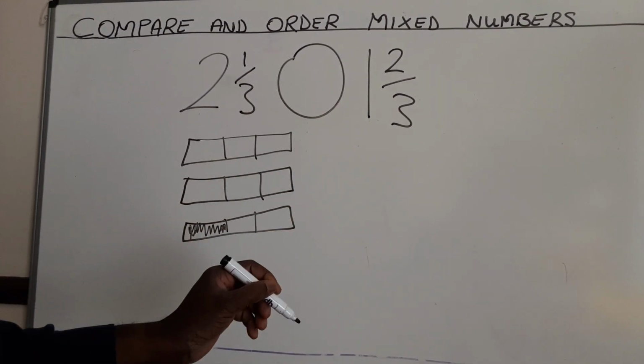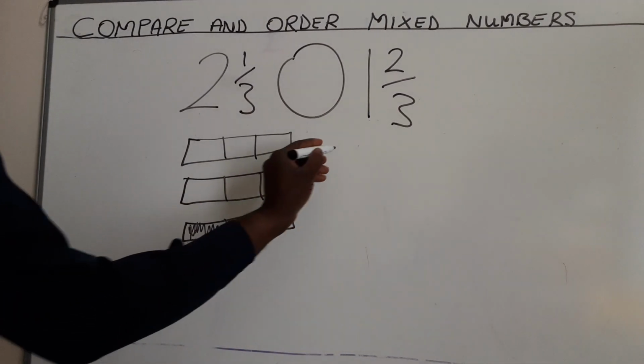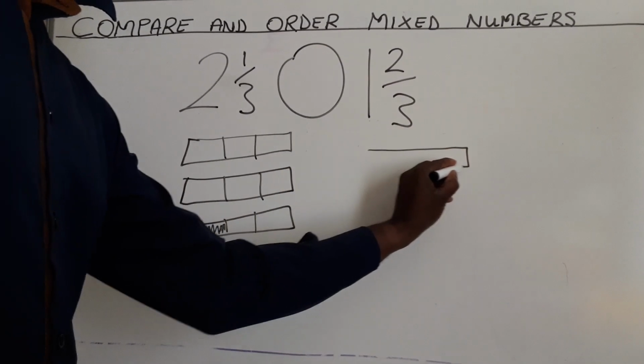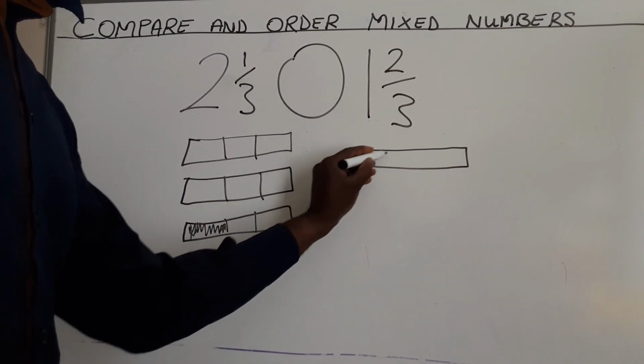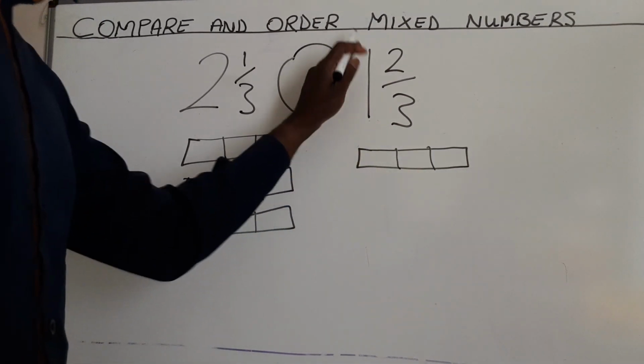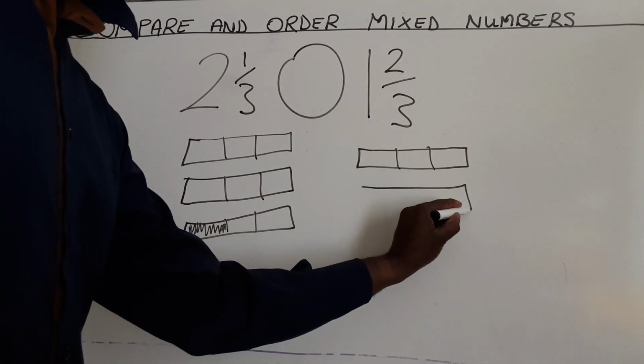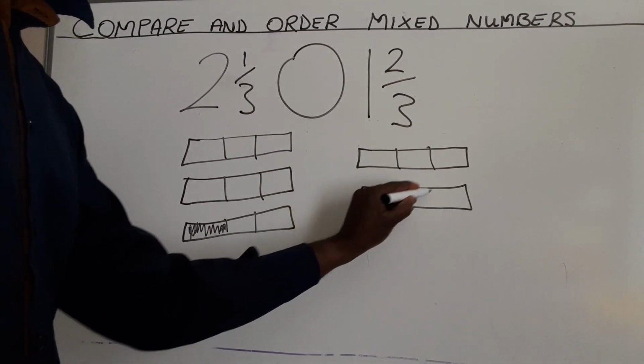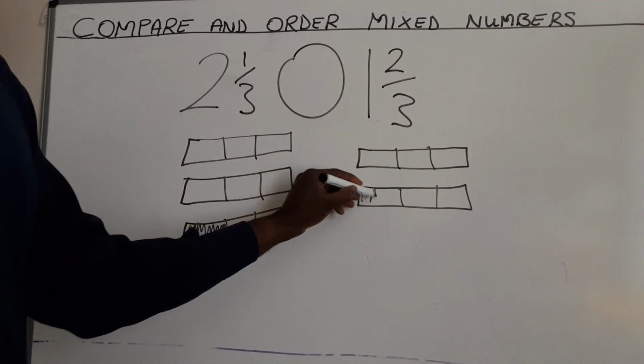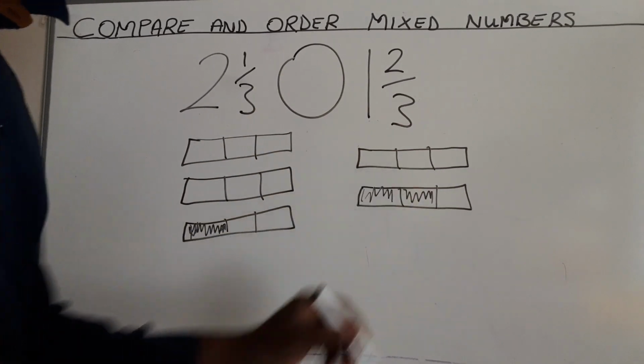And this is 1 whole and 2/3. So we draw our bar model. We only have 1 whole and we have 2/3. So we shade 2 of our fractions.